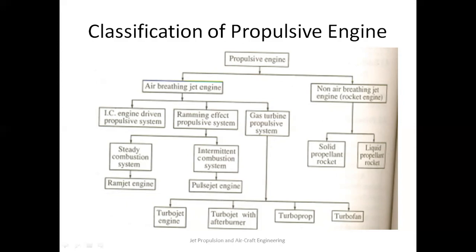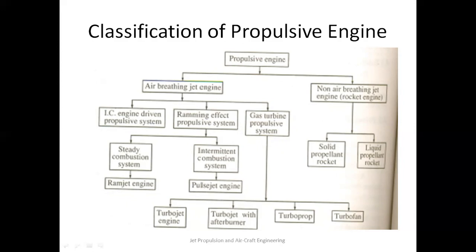Air breathing jet engines take atmospheric air for the combustion of the gases, while non-air breathing jet engines do not take atmospheric air for combustion. They carry their own oxygen in the form of oxidizers, and an example is the rocket engine. Since a rocket has to travel in space where an adequate amount of oxygen may not be available, it has to carry its own oxygen.